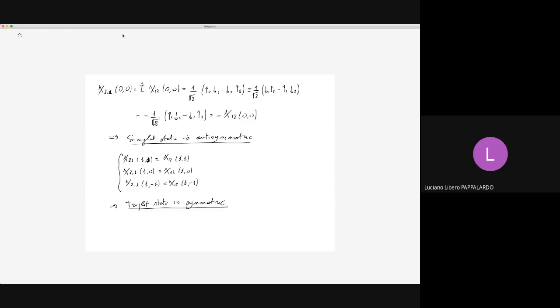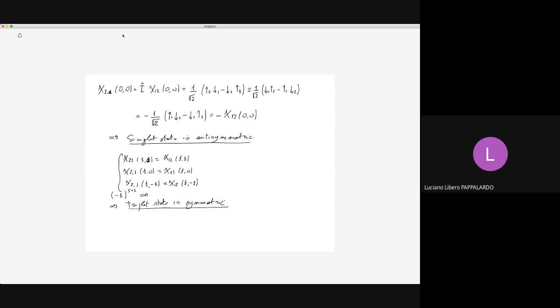Now, this rule can be generalized for any even or odd value of the spin. So indeed, the symmetry of the spin component of the wave function is given by the quantity (-1)^(S+1).